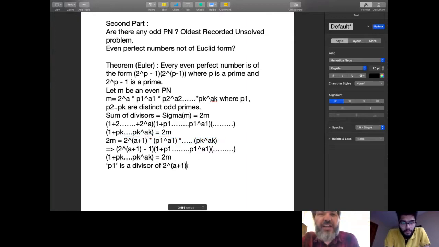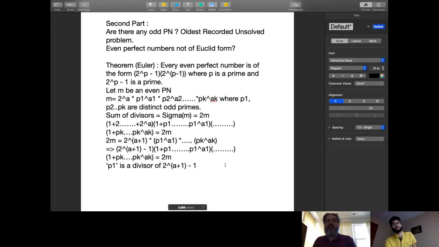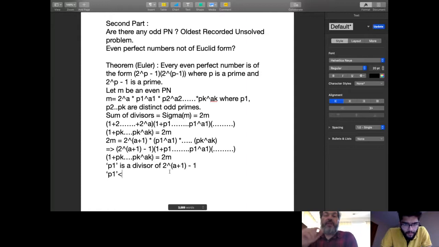Yes, minus 1, right, because that's the number that appears two lines above. It's a divisor. Now, on the next line, if the number is a divisor, it's less than or equal. So P1 is, you can just write strictly less, because of this, less than 2 to the a plus 1 minus 1.